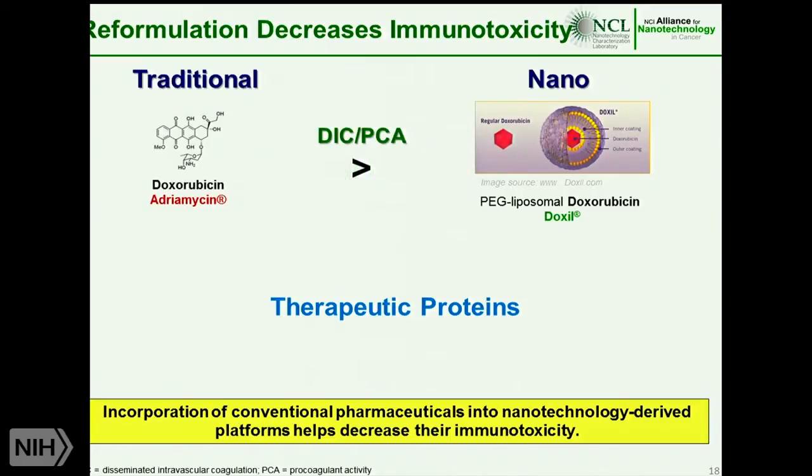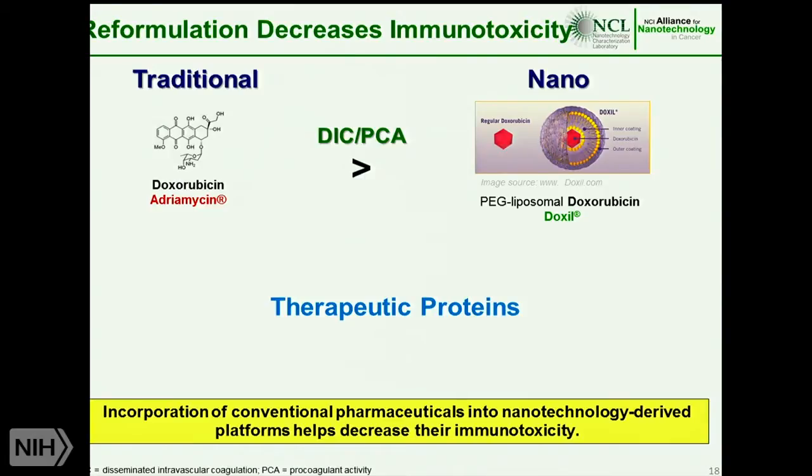Many of you are familiar with the anti-cancer drug doxorubicin. When this drug is used in the clinic, many patients develop so-called disseminated intravascular coagulation, or DIC. This disorder originates from development of so-called procoagulant activity, or PCA complex, on the surface of leukocytes. This complex triggers the plasma coagulation cascade, leading to blood clotting.